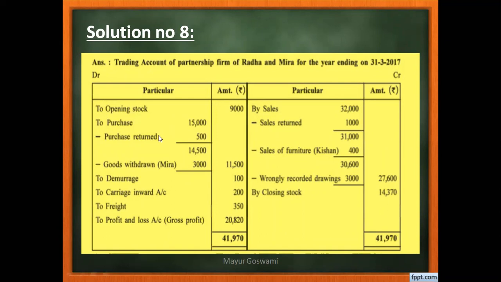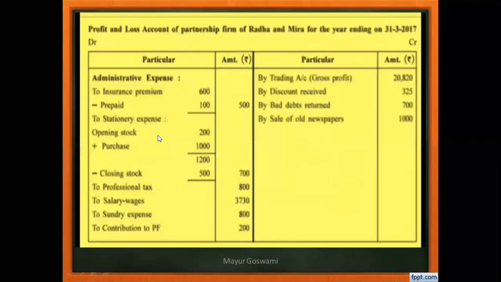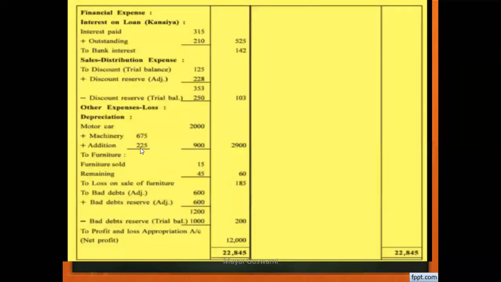Then bank interest is our expense. So come to the P&L debit side, write down bank interest in the outer column 142.